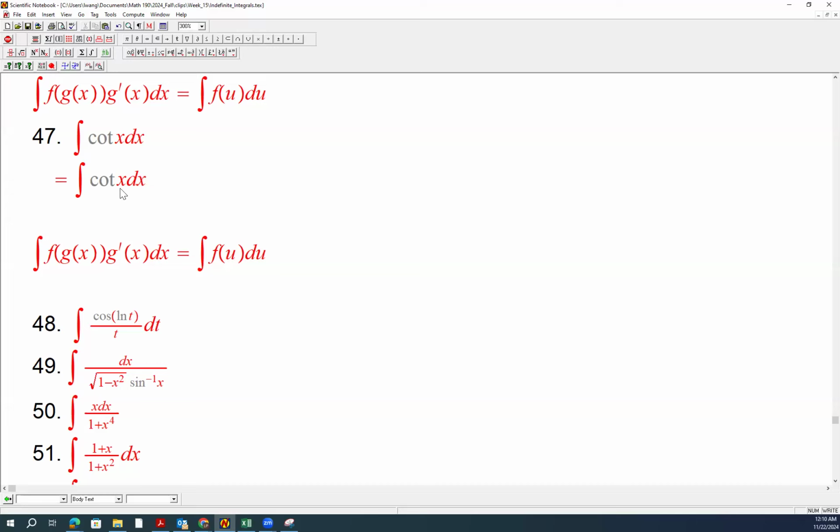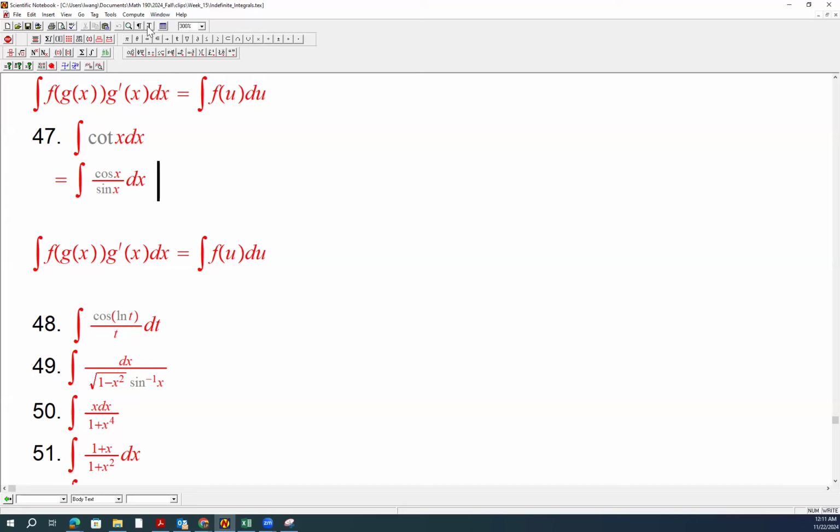We know the derivative of cotangent, which is negative cosecant squared. But we don't know the antiderivative of cotangent. So we're going to rewrite it as cosine x over sine x. And then it's just substitution.